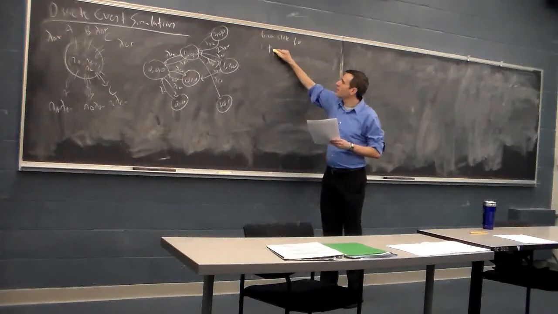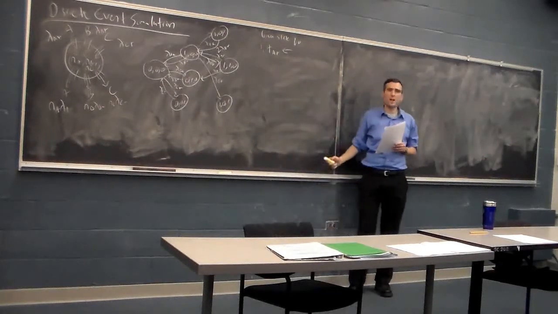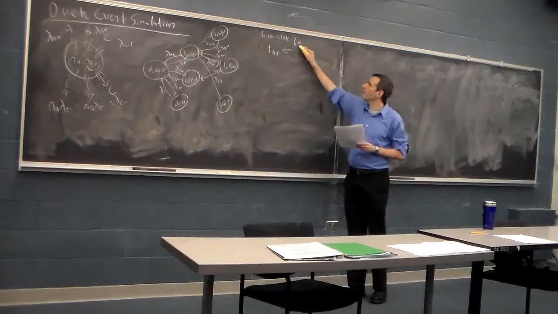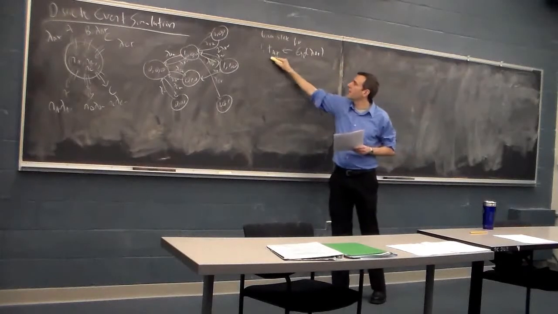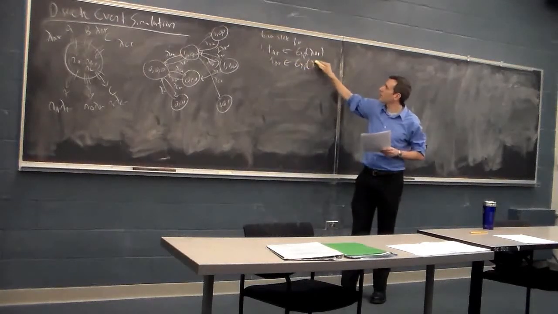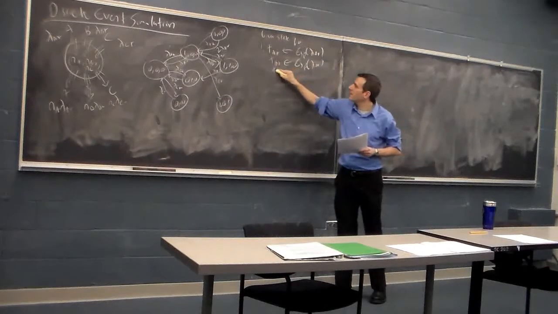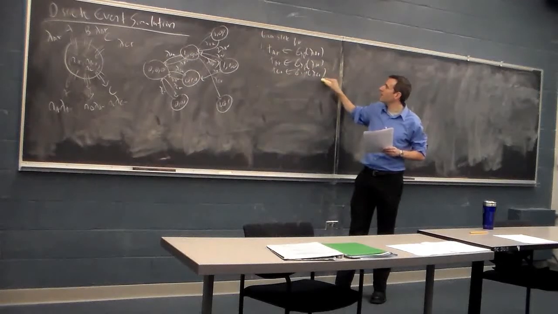So we would have some time, let's call it TA plus, which would be the time when the next A ion enters, and that would be an exponential random variable with rate lambda A plus. And we could say we've got the TB plus, which is exponential with rate lambda B plus, and TC plus, which is exponential with rate lambda C plus.